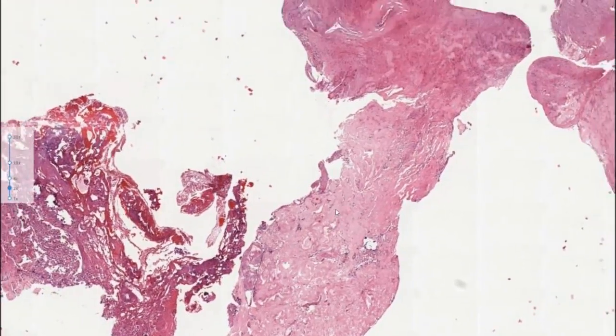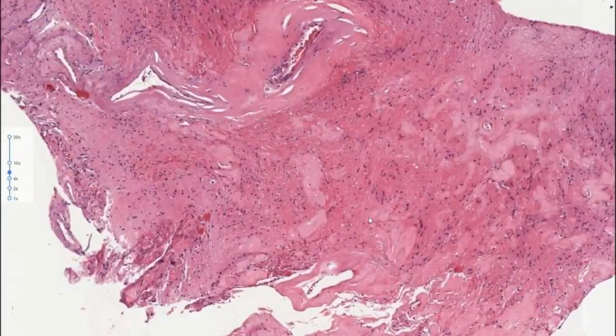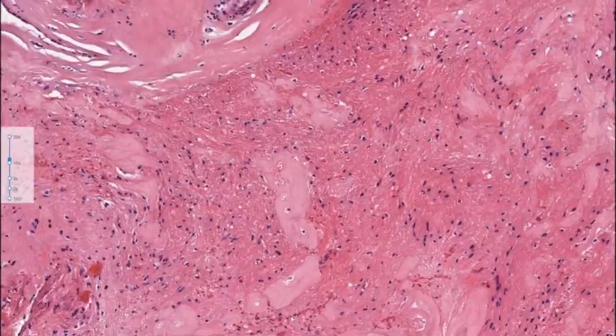So a lot of chronic changes. And more chronic changes here.